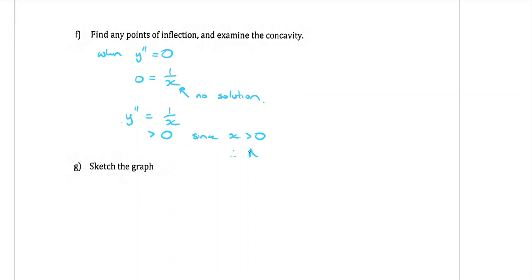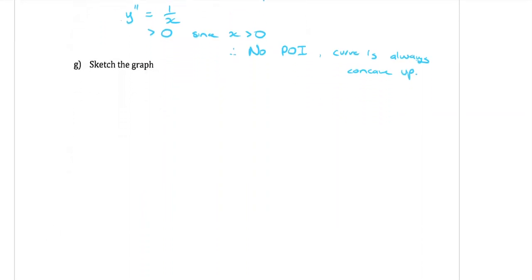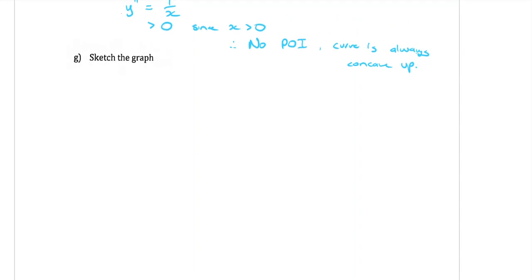So therefore, no point of inflection because we couldn't solve for the second derivative, but the curve is always concave up. Now, with all of this lovely analysis, hopefully we can finally sketch our graph.